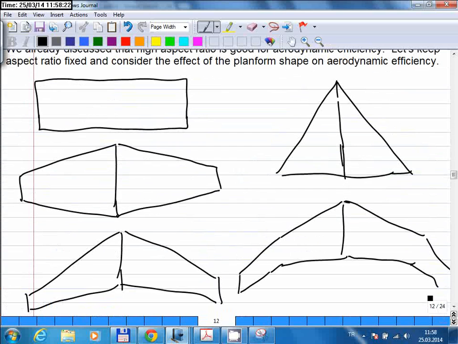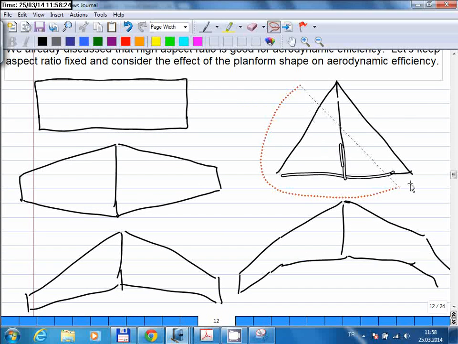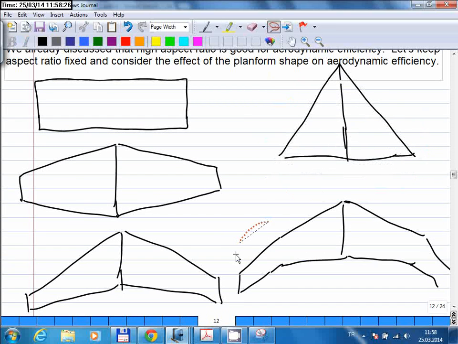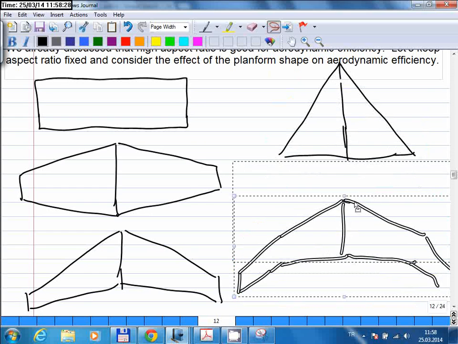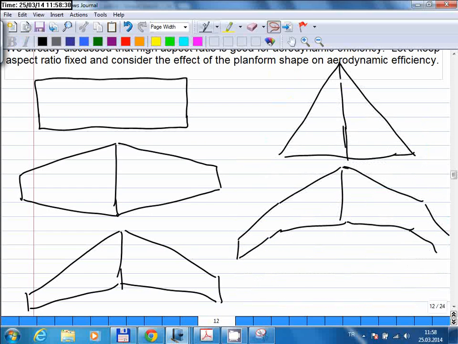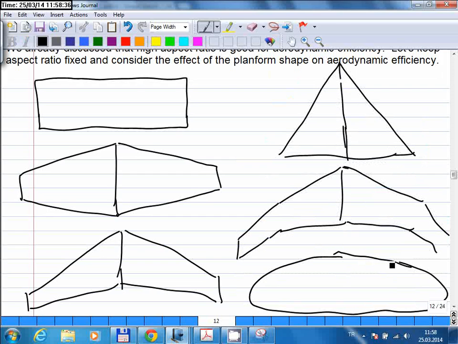And let me also draw an elliptical one. Okay, so imagine all these wings have the same aspect ratio. So the aspect ratio is not the reason why these have different performances.